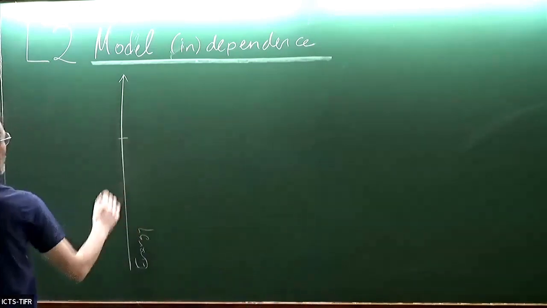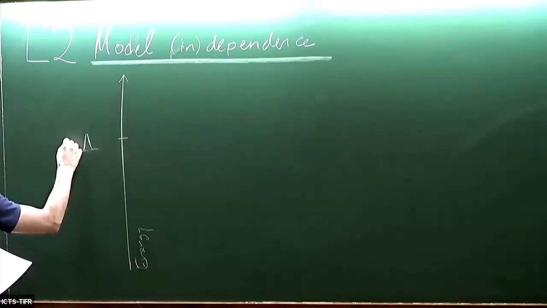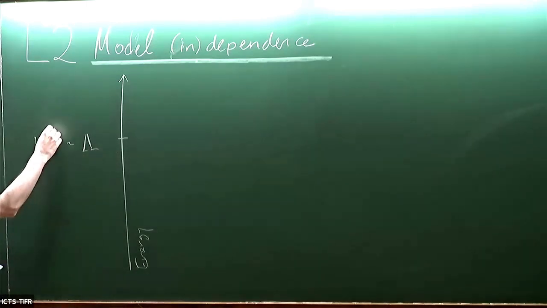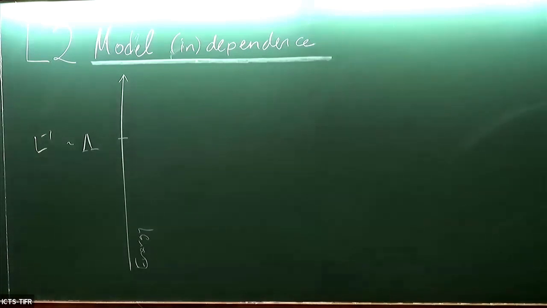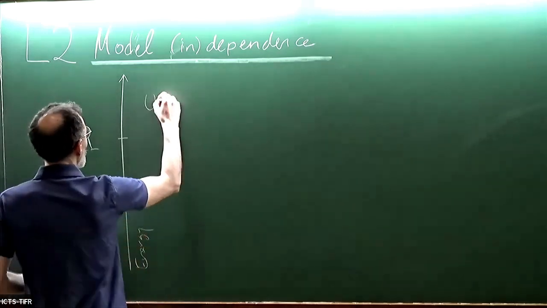We have some high energy scale, capital Lambda, which is the inverse of a small length, so it's a large number. That's where our UV model lives, ultraviolet.